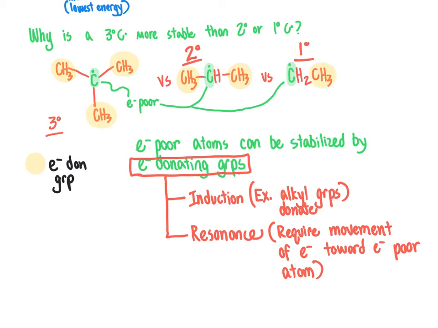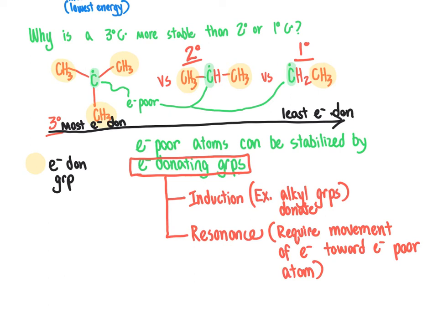And so as we go from tertiary to secondary to primary, we're decreasing the number of electron donating groups in each of those cases, and therefore the molecule is being destabilized as we go from tertiary to secondary to primary. So tertiary has the most electron donation and primary has the least electron donation because it has the fewest number of alkyl groups bonded there.